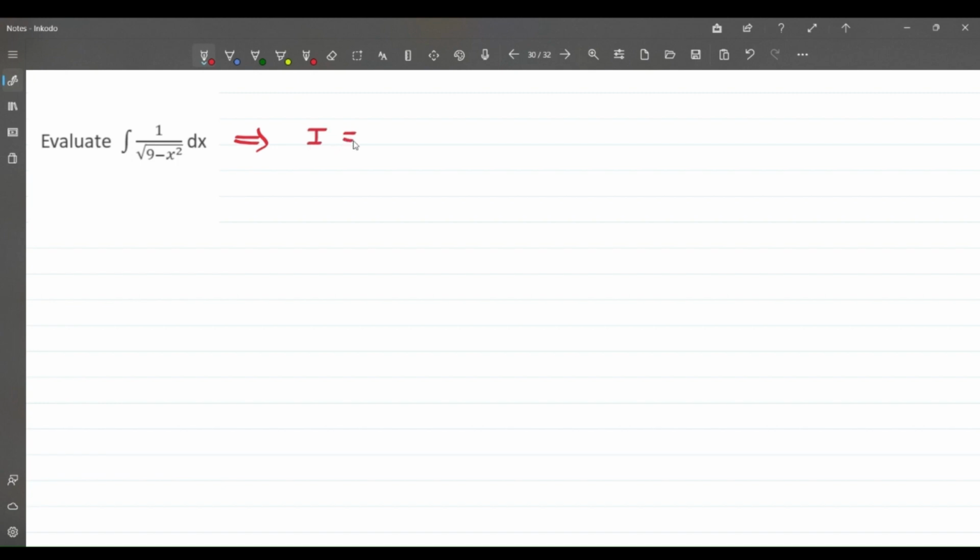So first, integration of 1 divided by the square root of 9, which is the square of 3, minus x square, into dx. So this is the constant, and we can take it as a. This will be x.